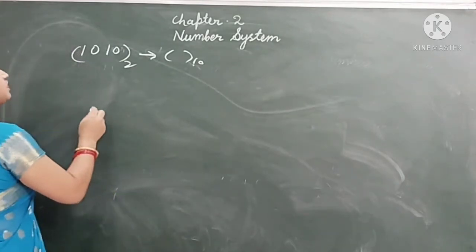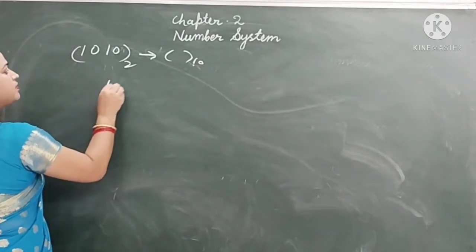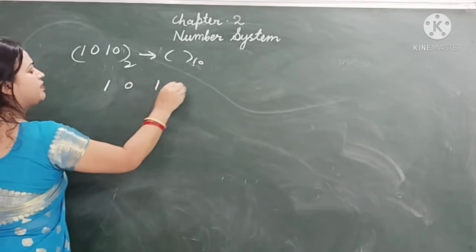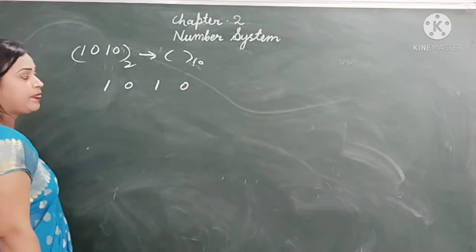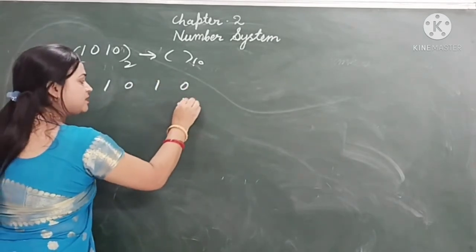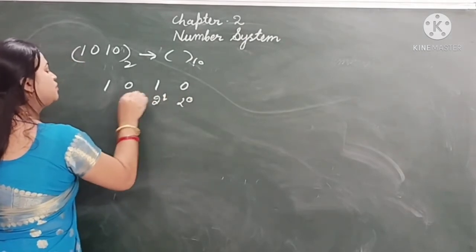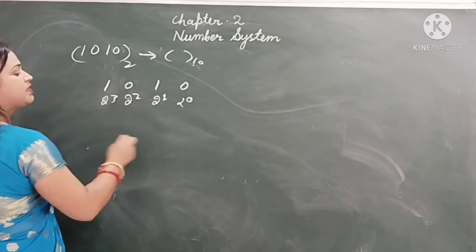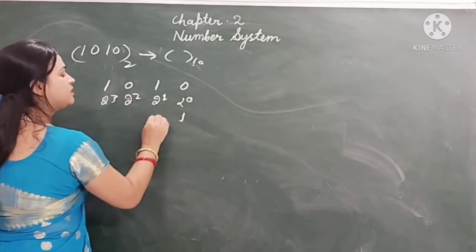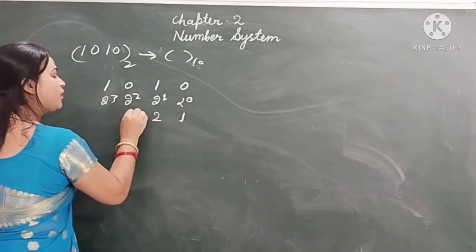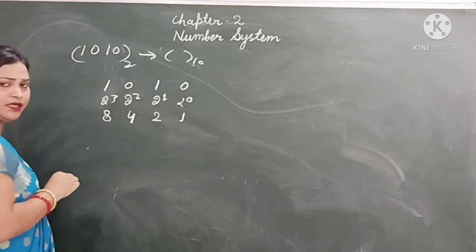See, first we convert 1010. Okay. First we write the bases, 2 raised to power 0, 1, 2 and 3. Means it means 1, 2, 4 and 8. Correct?